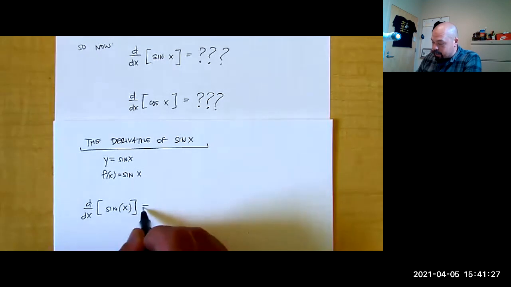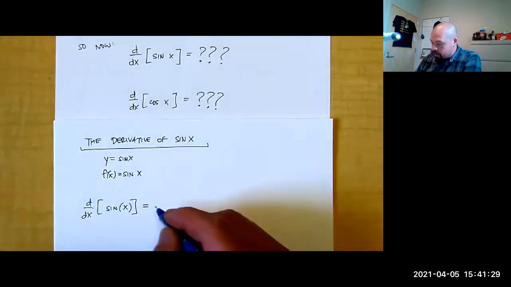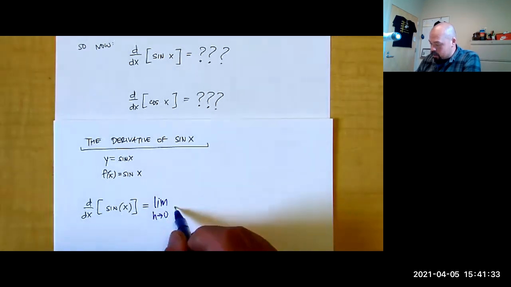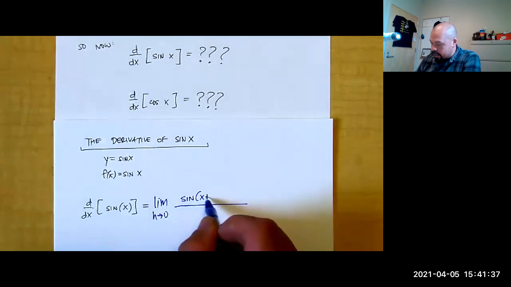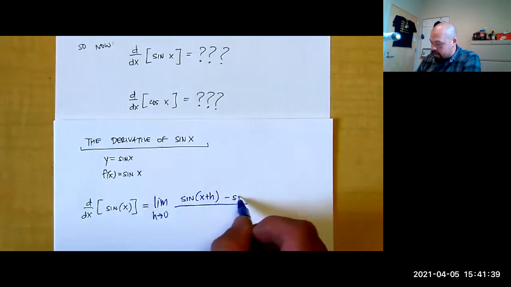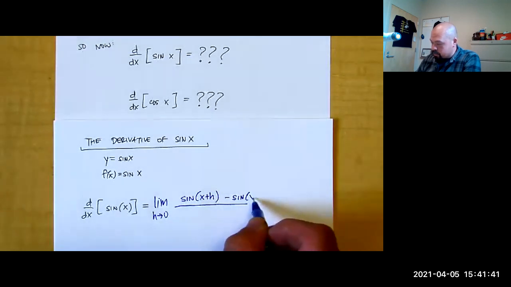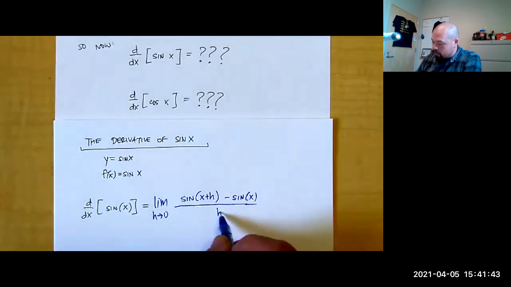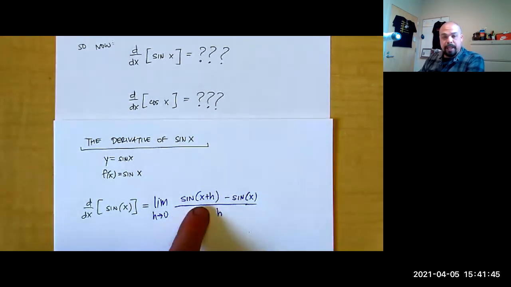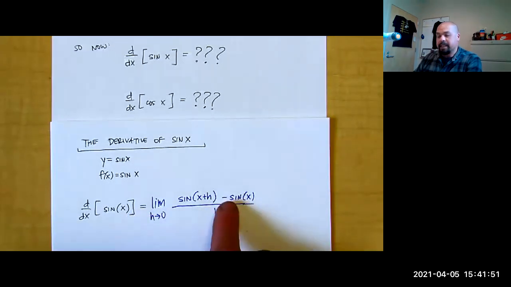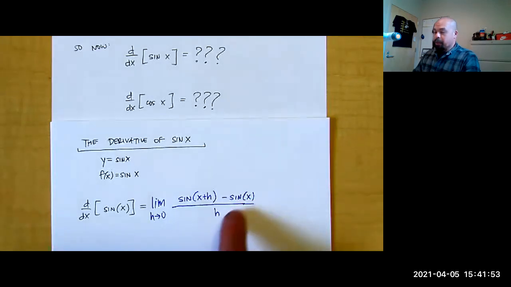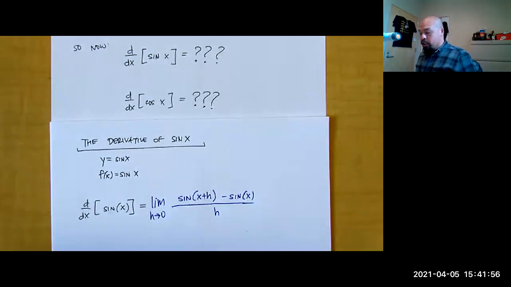In terms of our limit definition, this is the limit as h goes to 0, sine of x plus h minus the sine of x all over h, right? f of x plus h is replacing my argument where we're evaluating the function at x plus h, minus f of x, original sine of x, all over h, and taking the limit as h goes to 0.